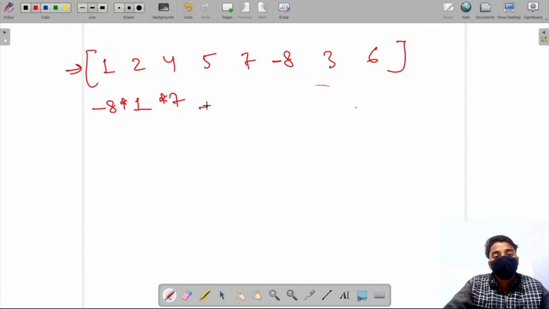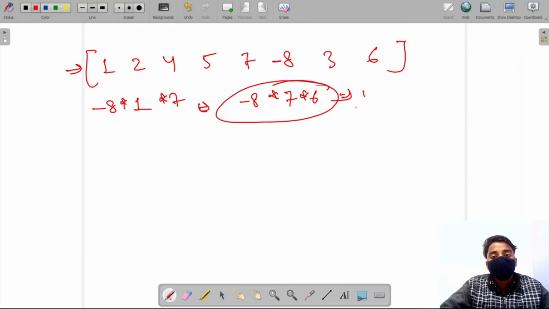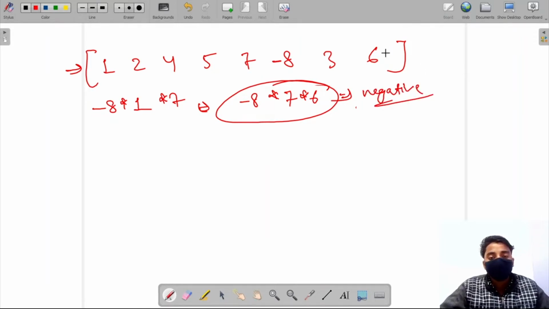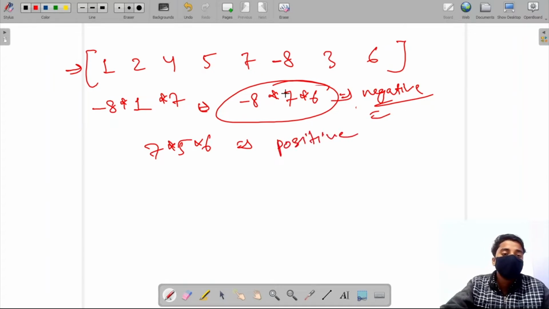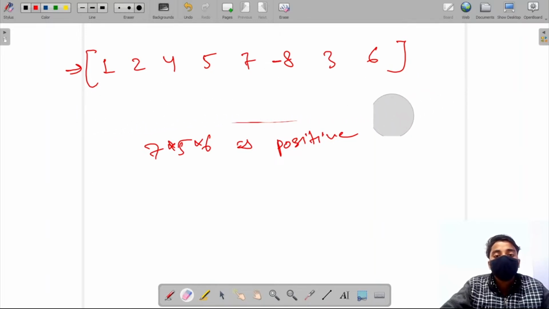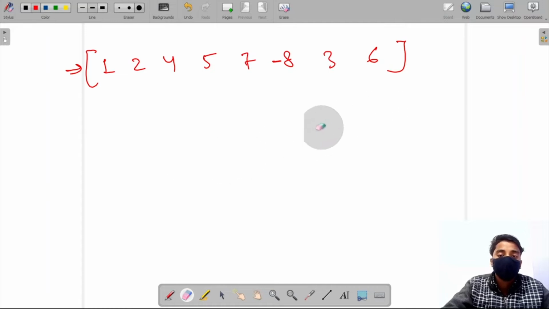Or instead of this, we can also take minus 8 and the two maximum numbers, that is 7 into 6. But if we multiply this, we will get a negative number, which can't be the maximum. Because if we multiply the three maximum numbers, that is 7 into 5 into 6, we will get a positive number. So positive is always greater than negative.